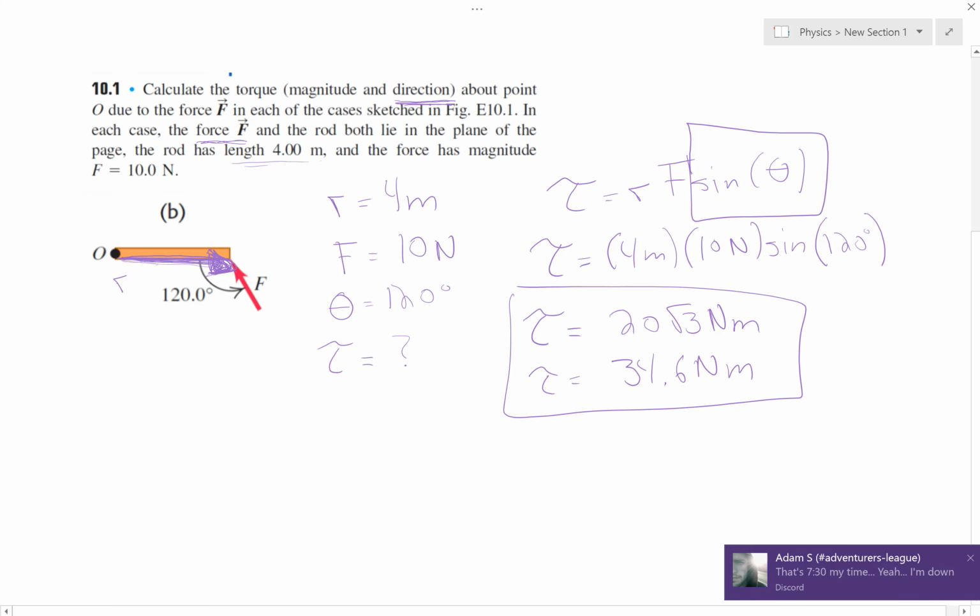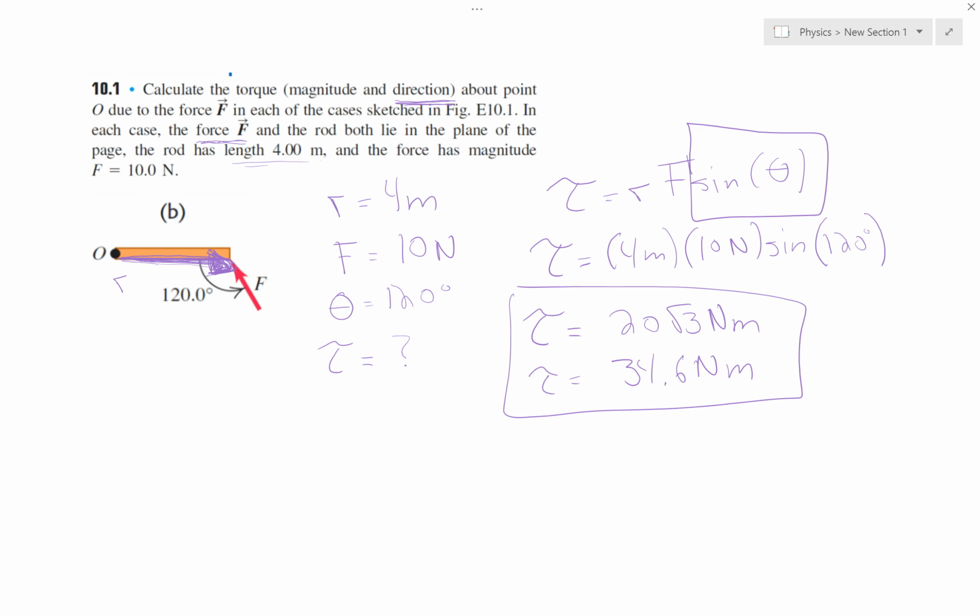So anytime that you're not at 90 degrees, you're actually getting less torque. That's one major thing. The other thing is with direction. If I were to do this system the same way that we set it up last time, putting your pencil on the desk and pushing it in the same direction, applying the same force, this is still going to rotate counterclockwise. So our answer is still going to be positive.